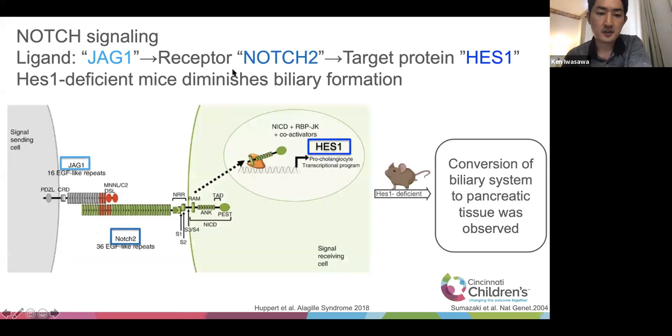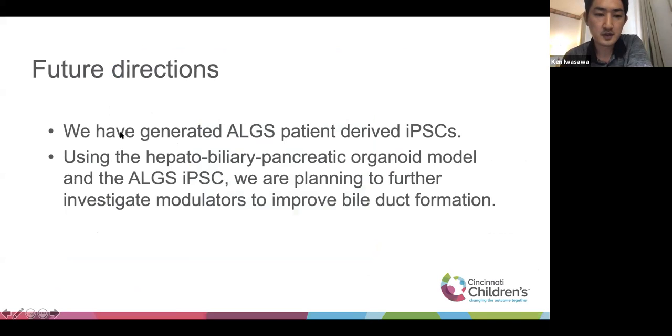So in the future, the current ongoing project that we are doing in collaboration with Dr. Stacy Herbert is that we have generated Alagille syndrome patient-derived iPSCs. So using the hepatobiliary pancreatic organoid model that I just showed you, and these ALGS iPSCs, we're planning to further investigate modulators to improve the bile duct formation.